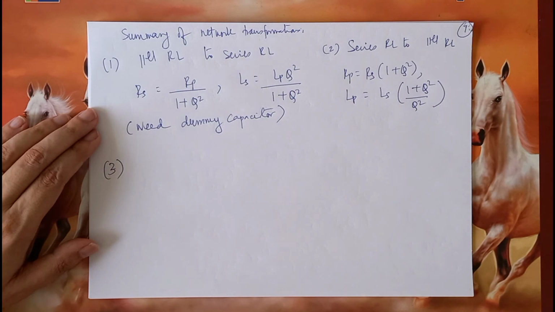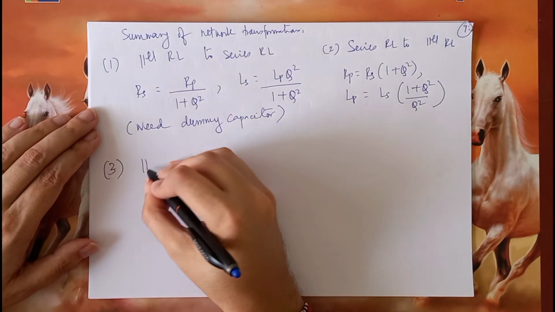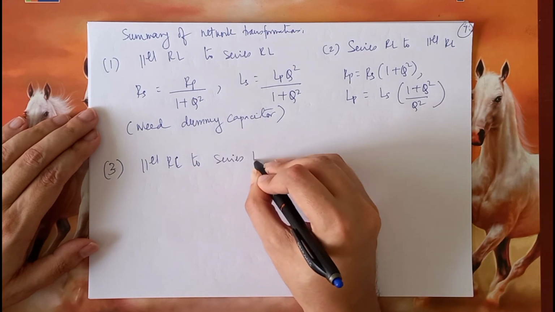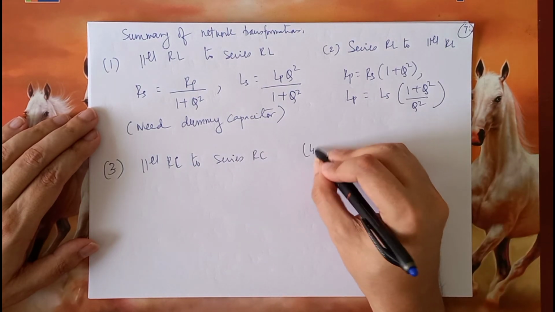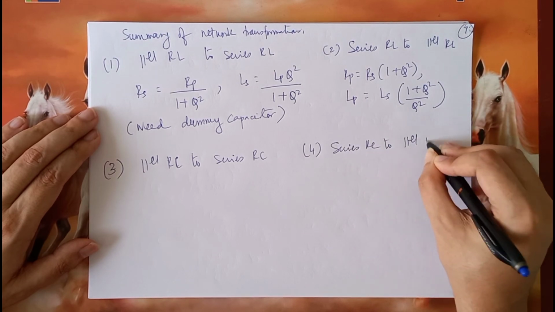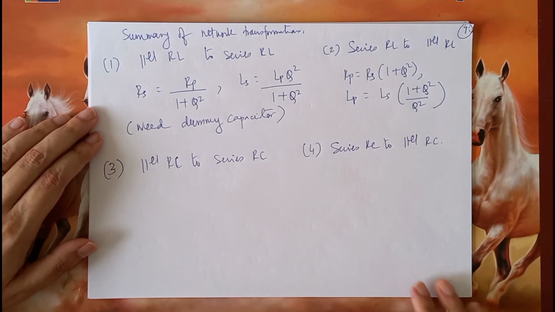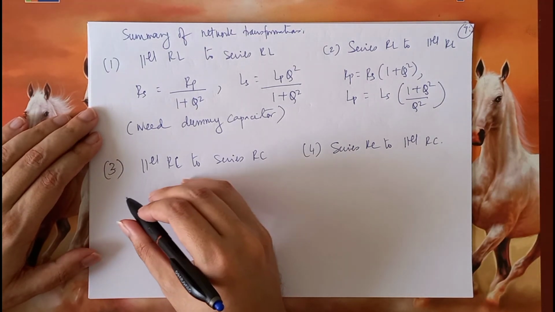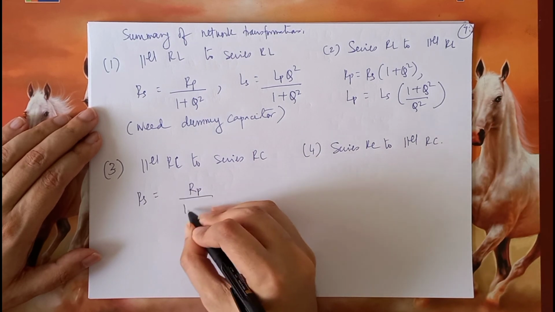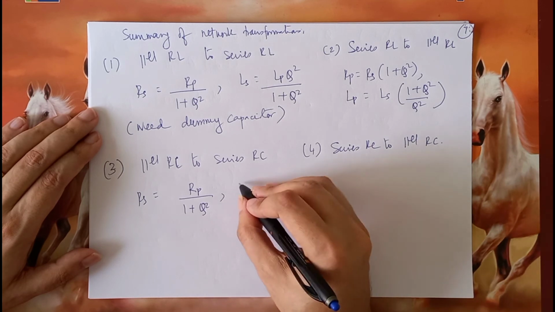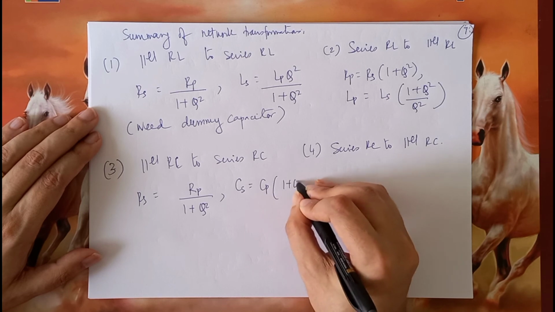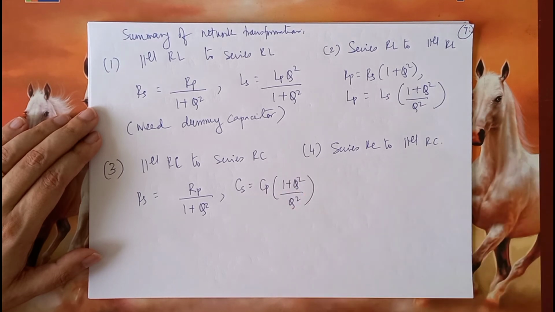Next, parallel RC to series RC, and the opposite, series RC to parallel RC. So over here you will get Rs equals Rp by 1 plus Q square, that does not change, and Cs will be equal to Cp times 1 plus Q square by Q square.